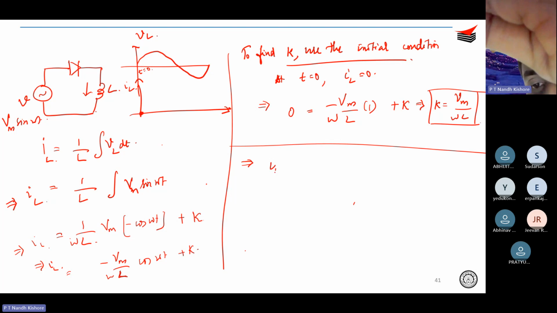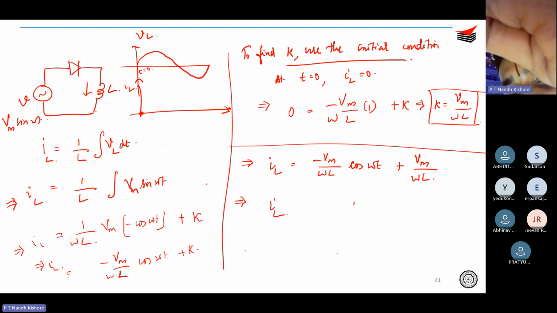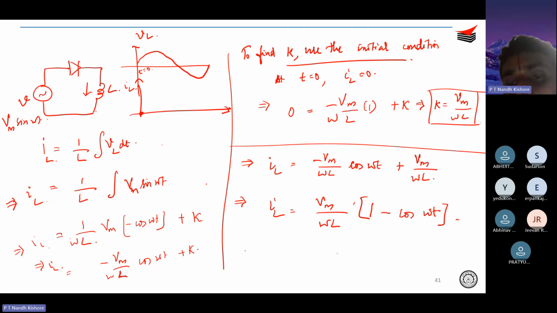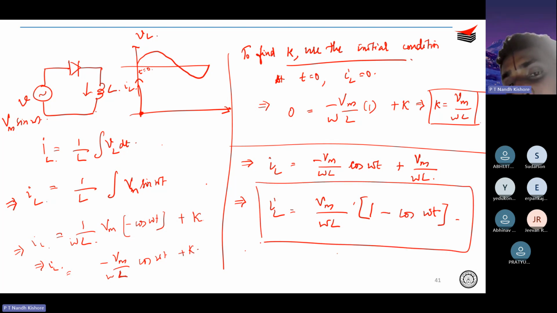Therefore, your inductor current is actually minus Vm by omega L cos omega t plus Vm by omega L. Correct? So your IL is Vm by omega L into 1 minus cos omega t. Got it?